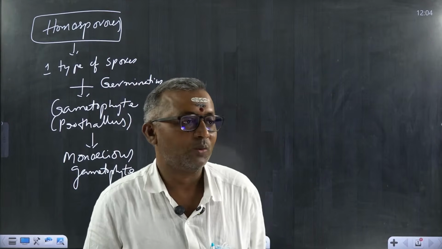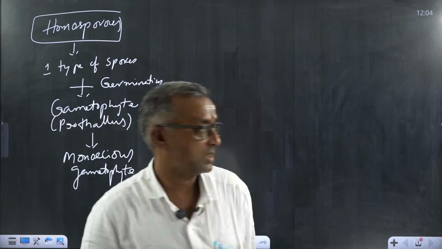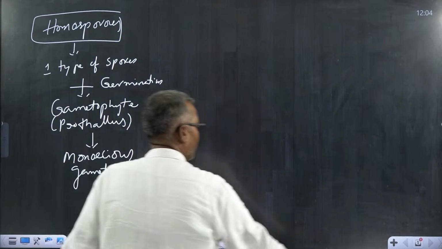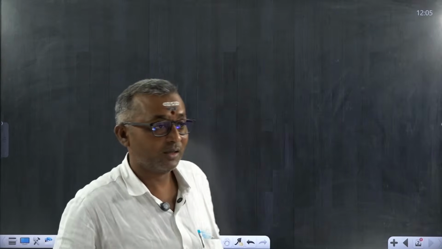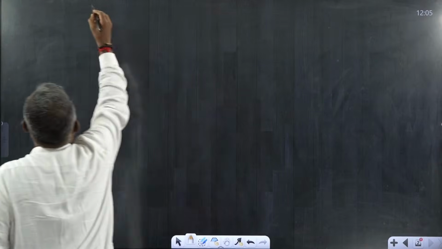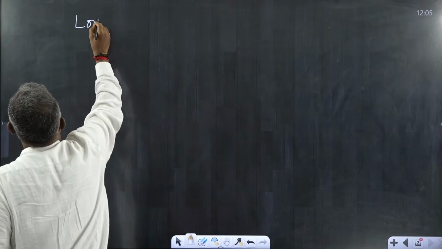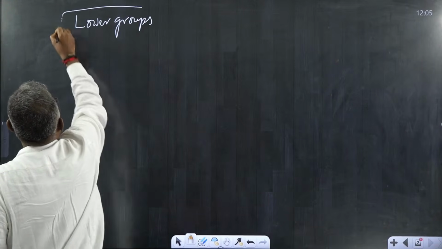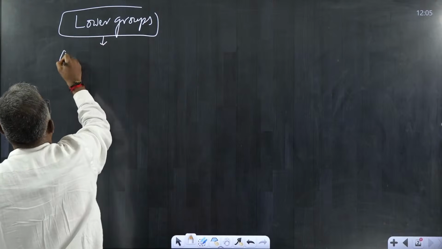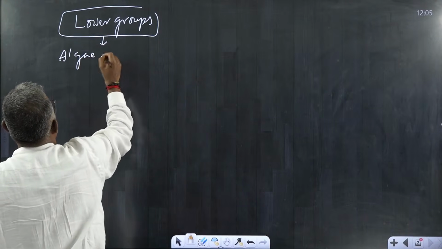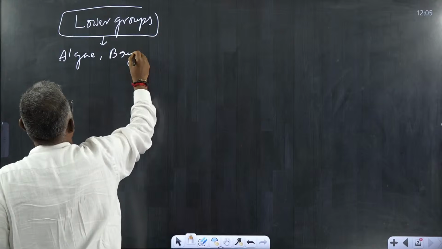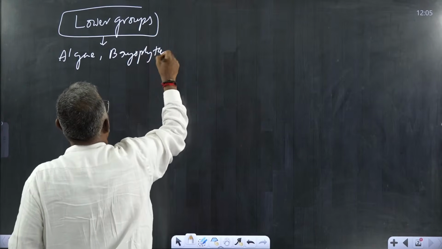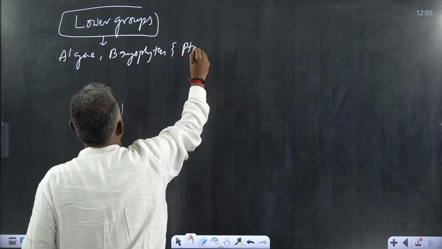Now let me explain what is monoecious and dioecious. Listen to me carefully. It is clear that you don't know about these terms. Now I'm discussing lower groups. Lower groups, in the sense, let us take algae, bryophytes, and pteridophytes.